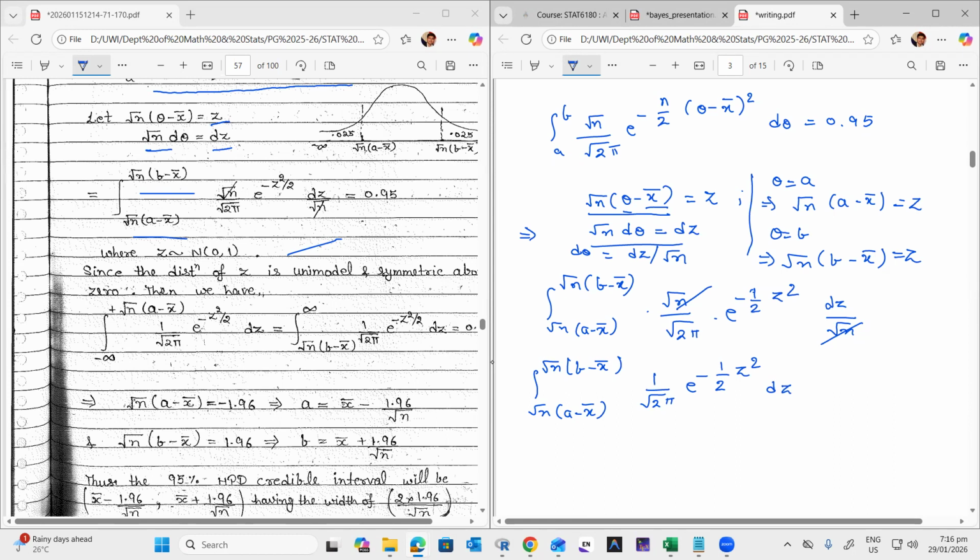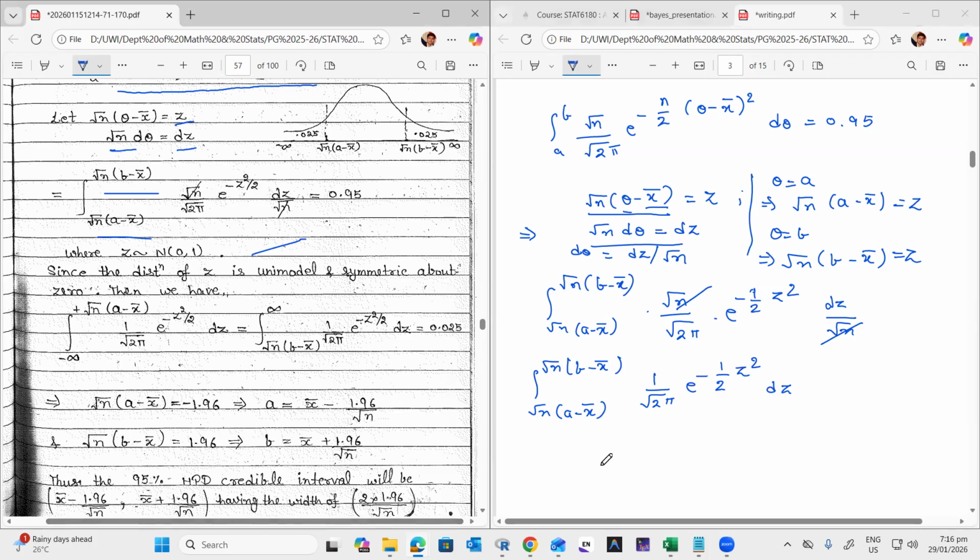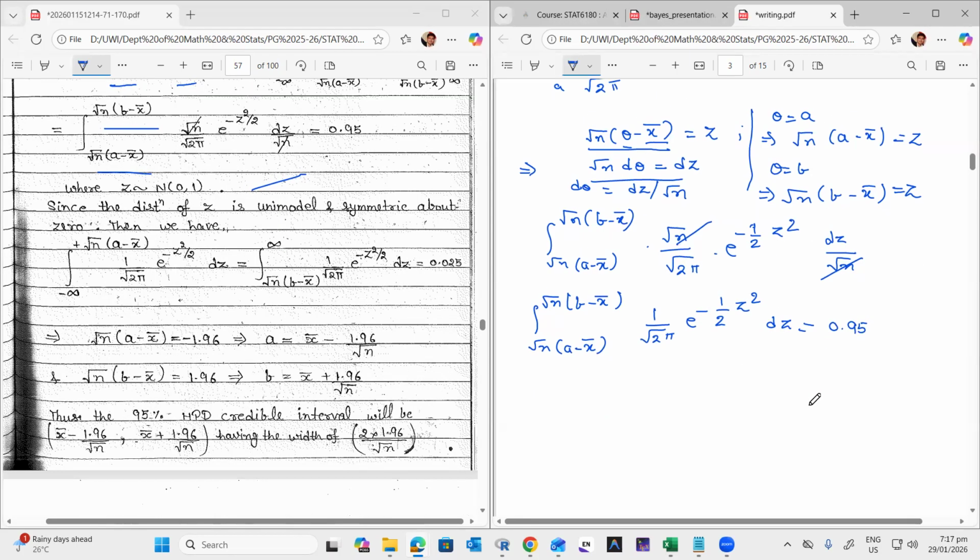All right. So here, if you just see, this is the normal distribution, right? And normal distribution is symmetric about 0.